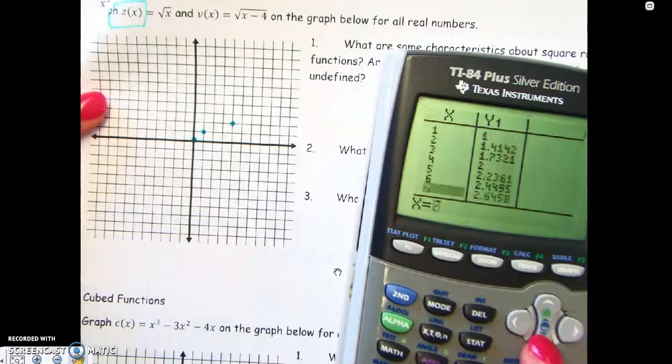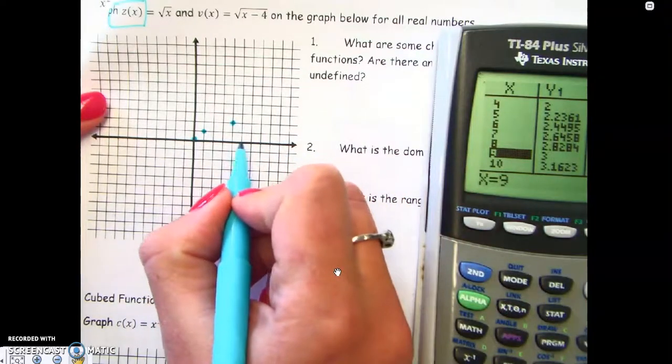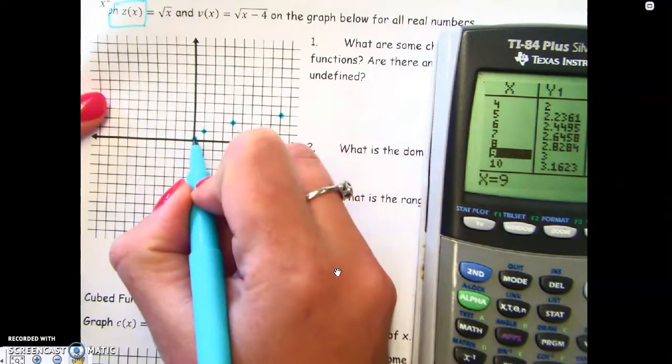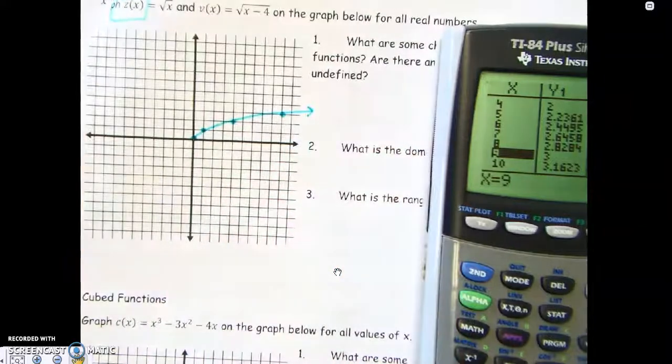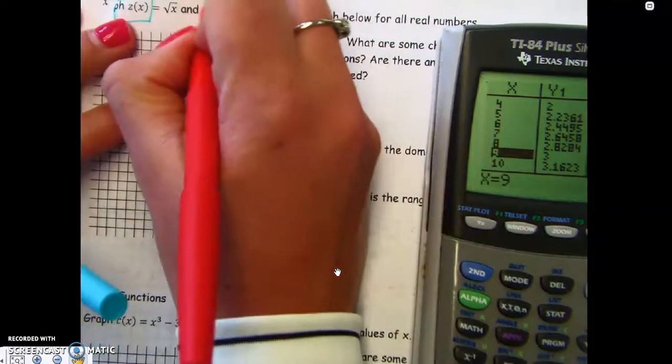And then I can do 9, 3. So it would look like that.